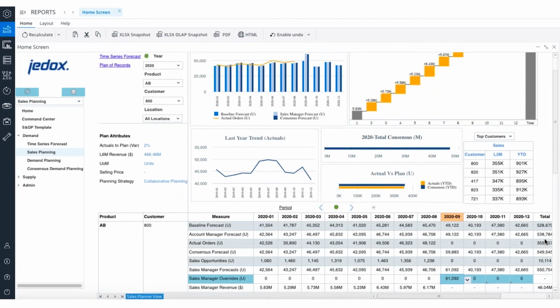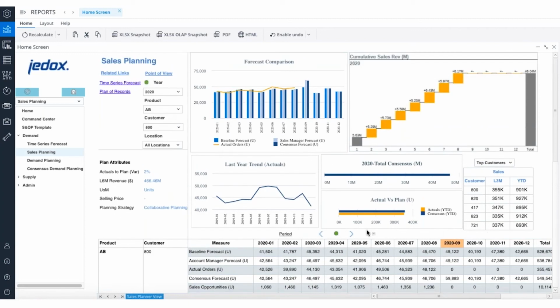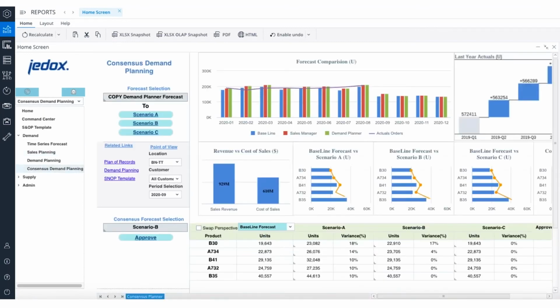Once all these forecasts are submitted, they often go through an approval process, and that then becomes an input to the consensus demand planning. The goal of consensus demand planning is to review the sales forecast and actuals, and of course, to see whether they make sense, right? The focus is mostly on the product family and region levels, not so much on the customer.